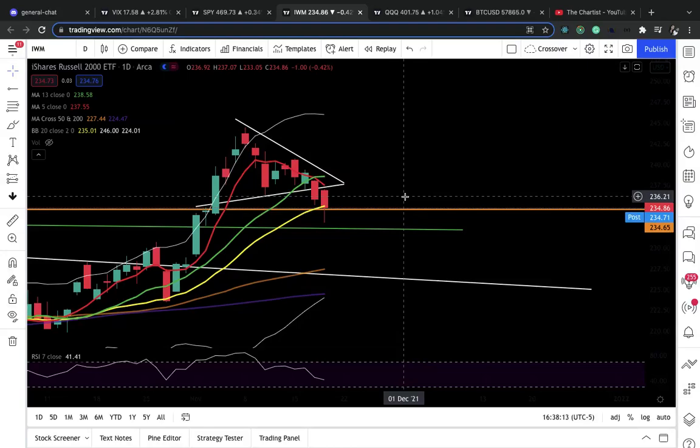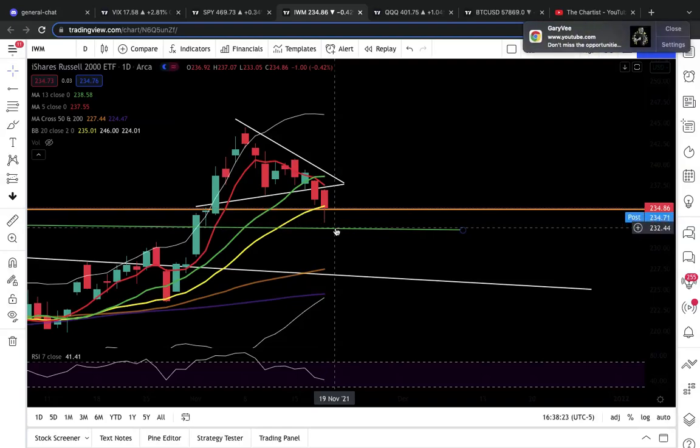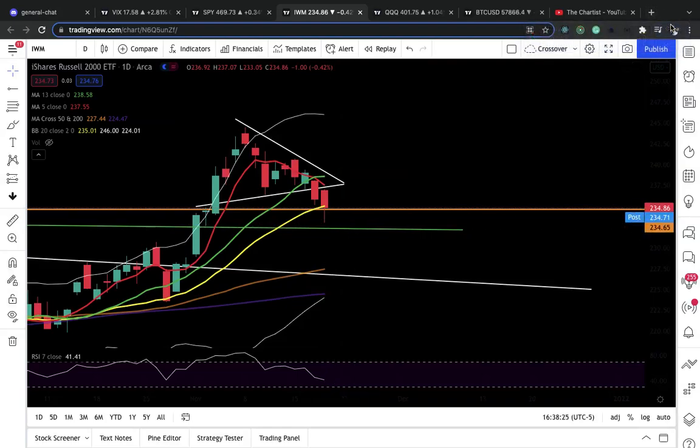If you're an investor, that's one thing, but if you're a trader, what I'm trying to tell you is watch this green line. It's all the way down here right now at 232.4. Below 232.4, we could go south down to the 50, which is at 227.